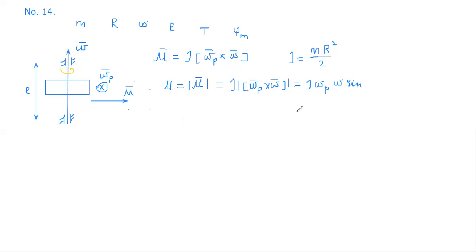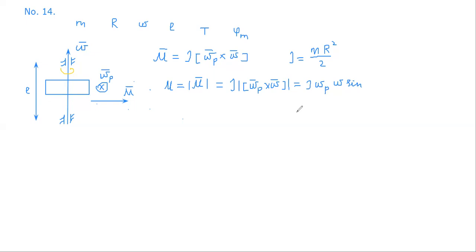Because vector omega is shown with a vertical arrow, and omega p is shown with a cross in a circle, and it means that omega p is perpendicular to the screen and is directed from us to the screen.